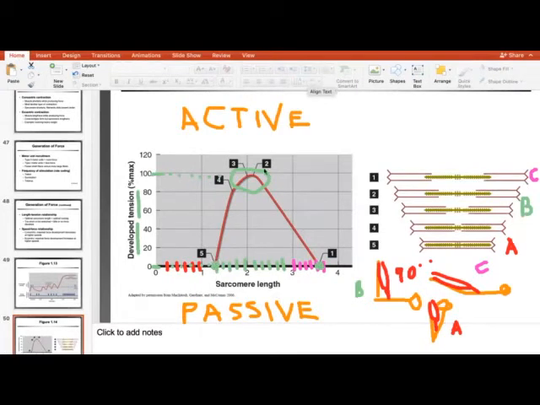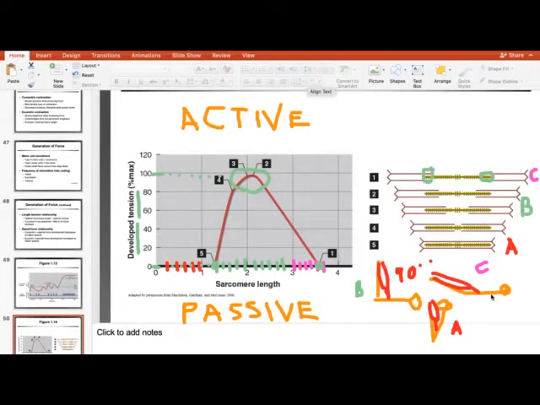So why can it produce a huge amount of tension in the middle of its length? Well, that's because in the middle of its length, most of the actin can attach to most of the myosin. When my muscle is overextended, like my arm is almost completely extended, very little of the actin and myosin can intertwine with each other. There's a very small overlap here.